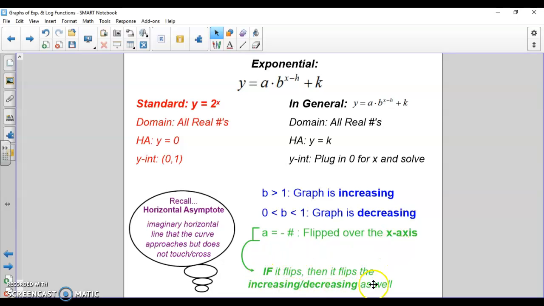If the graph flips, then it flips the increasing or decreasing as well. So if, like this 2 to the x, it's increasing right now, but if I put a negative out front, I flip it, the graph becomes decreasing. It flips that idea as well. We'll see that happen, I think, maybe once on the worksheet as well.